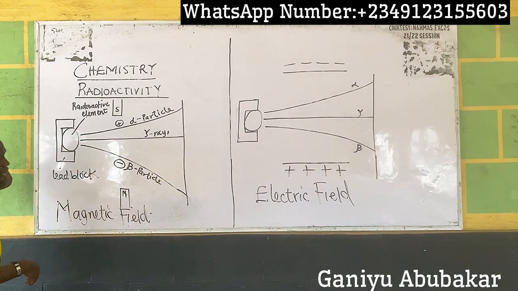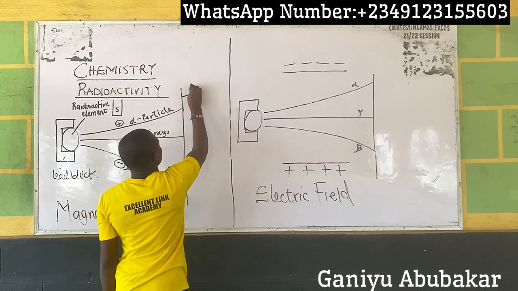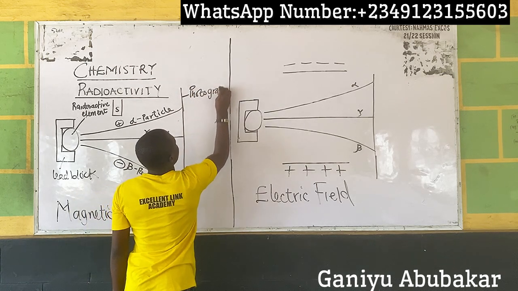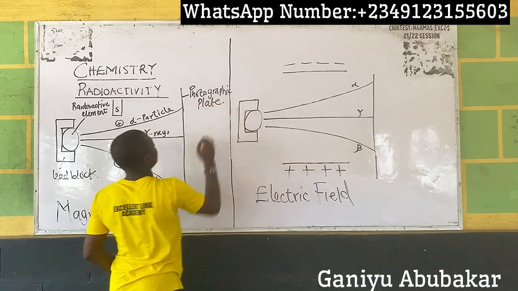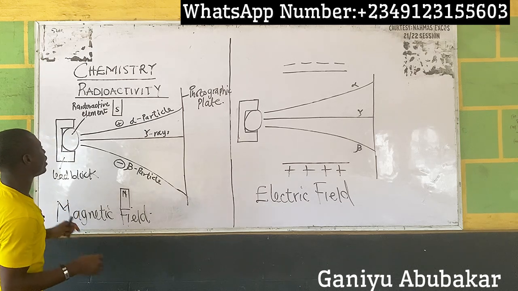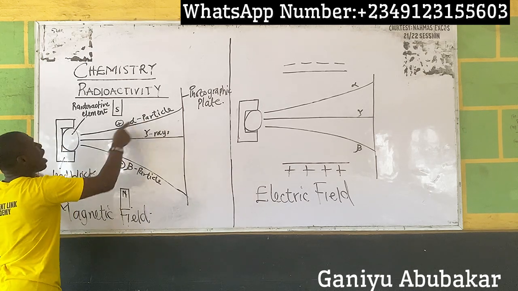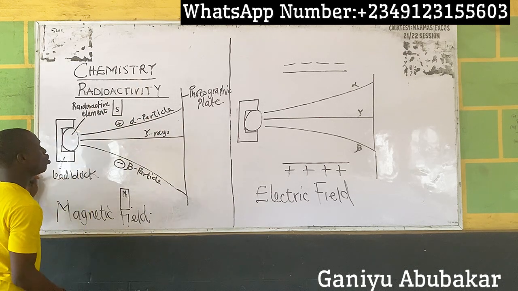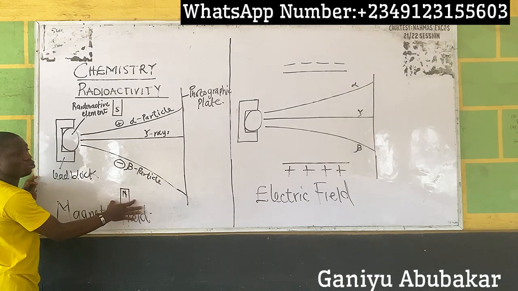Also, if you observe closely, this line you're seeing here is called the photographic plate. All right, this one you are seeing is called the photographic plate, right? So here's the concept. Observe that the alpha particle is moving towards what? South pole, while the beta particle is moving towards what? The north pole.